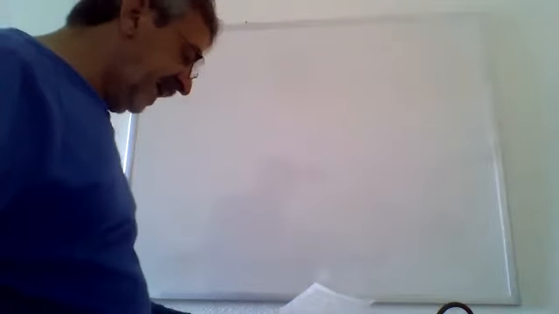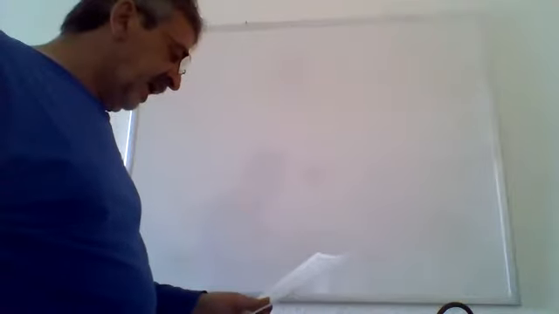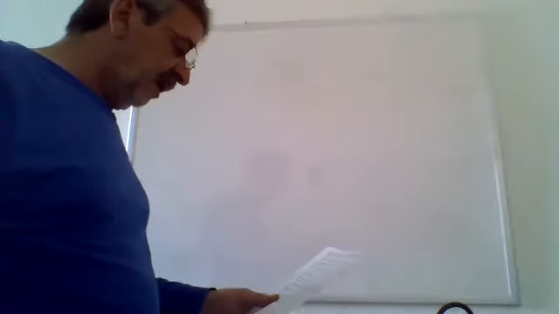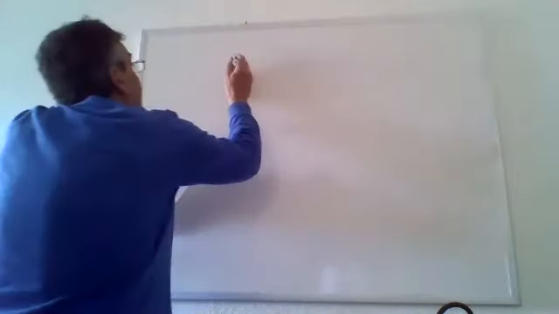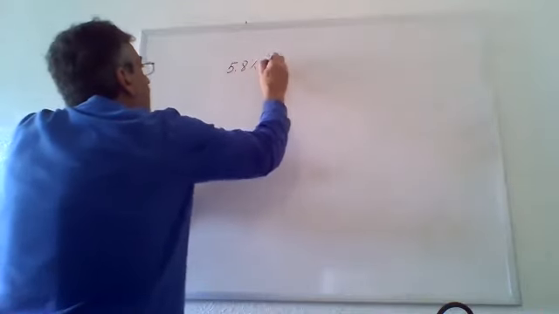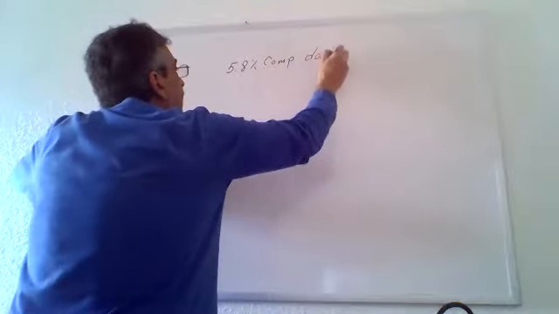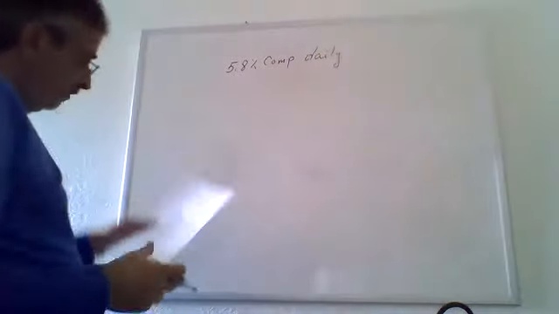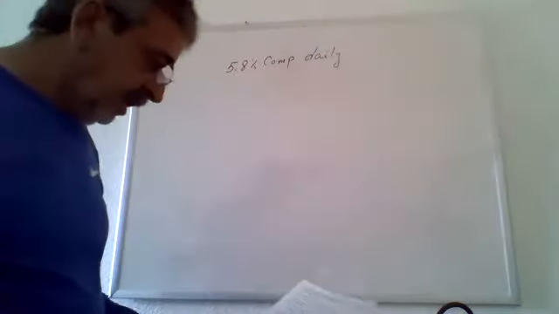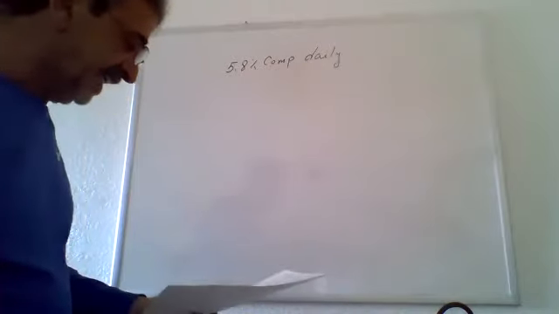It says, find the annual percentage yield in the following situation. A bank offers you an APR of 5.8% compounded daily. Yes? So we need to figure out the annual percentage yield.